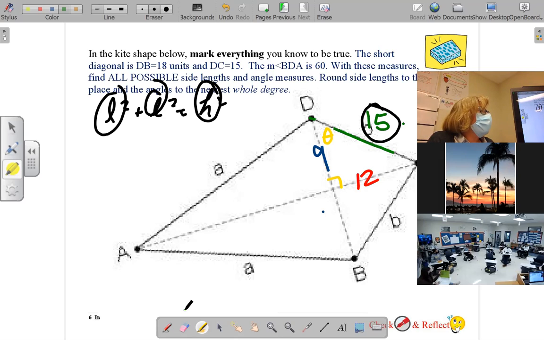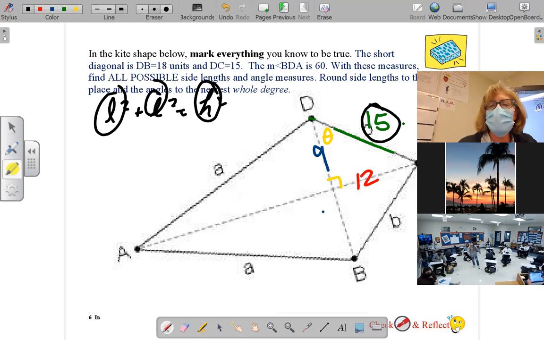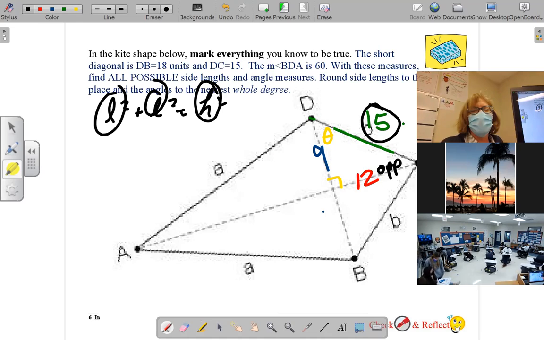So question here is, Brianna, look at the top. How can we find an angle? There we go, dear. So from theta, that's our theta. Let's label our 12 as our opposite. Our 9 is what? You got it. And then, of course, hypo. Which one do you want to use?